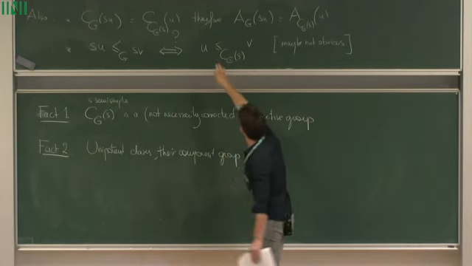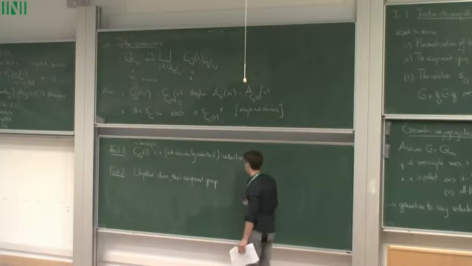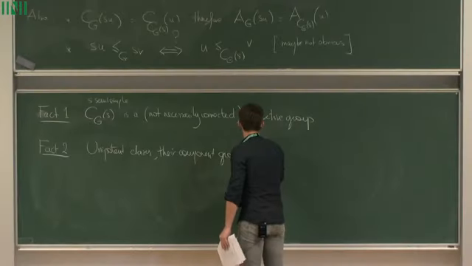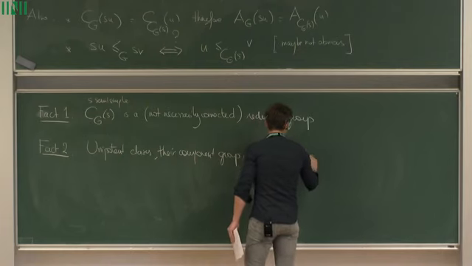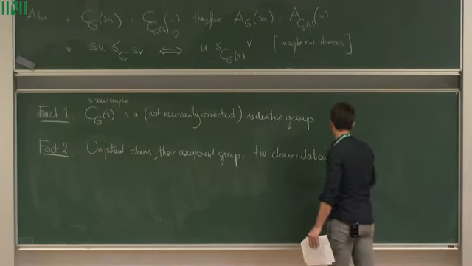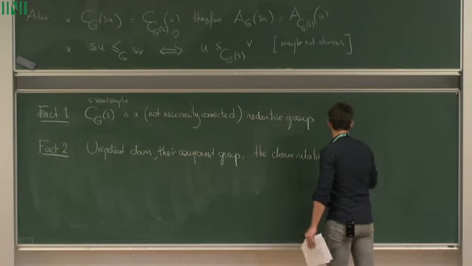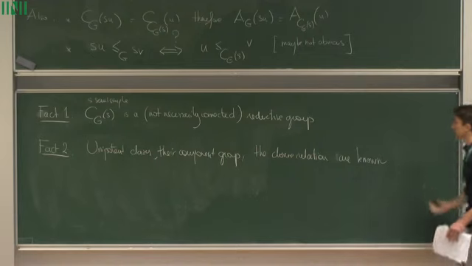The component group of S_U is really the component group of some unipotent element in another reductive group, and the closure relation. And this is all known explicitly, and you can find the data in various books and also on the computer.